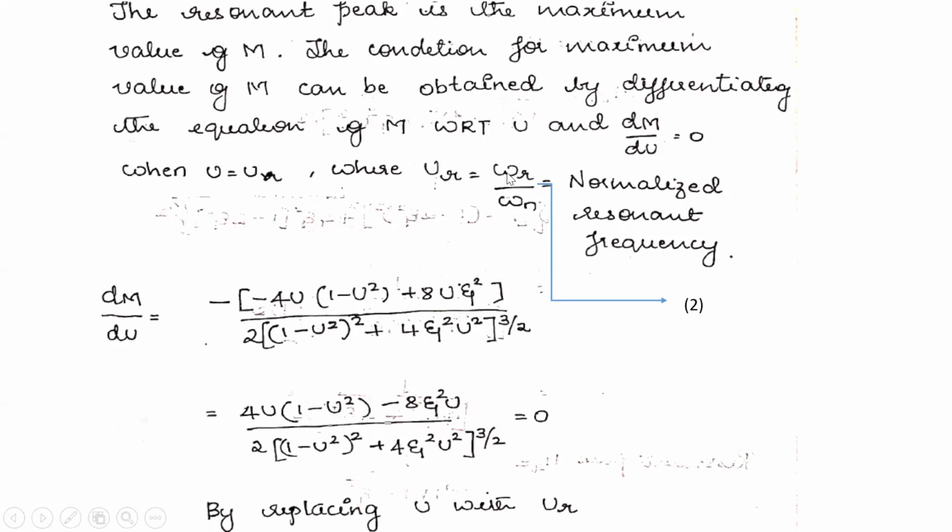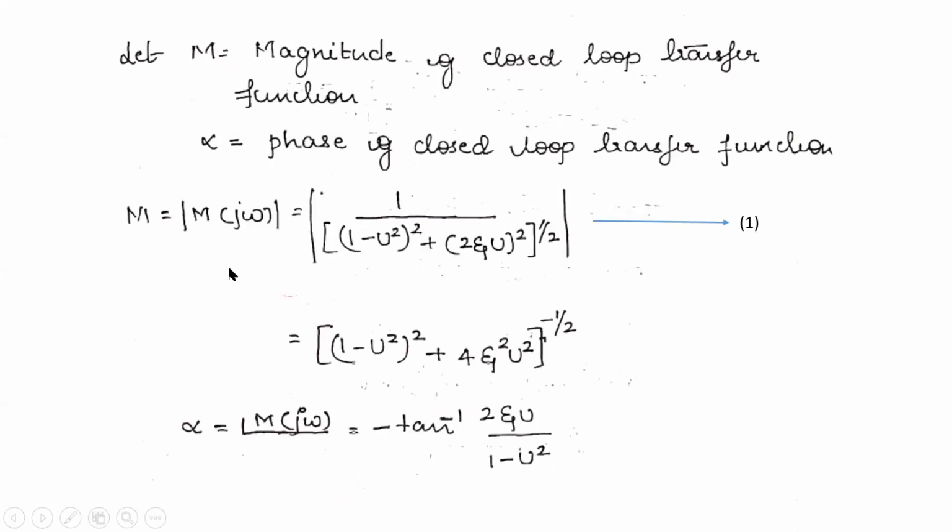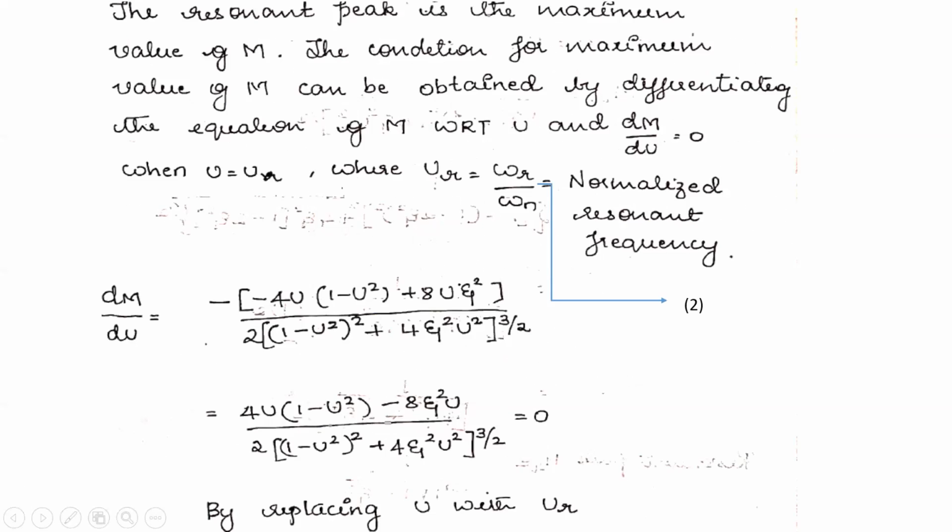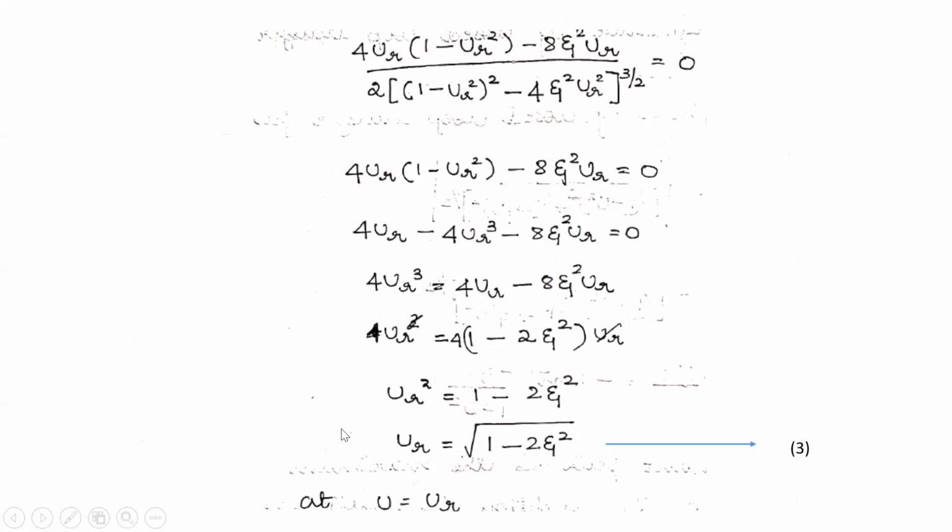So now differentiate the magnitude value M with respect to u, and equate it to 0. You get this value. Now replace u by ur, because it is at that particular frequency that we get the peak value, or the resonant value.